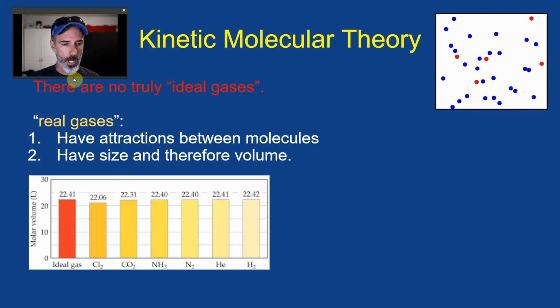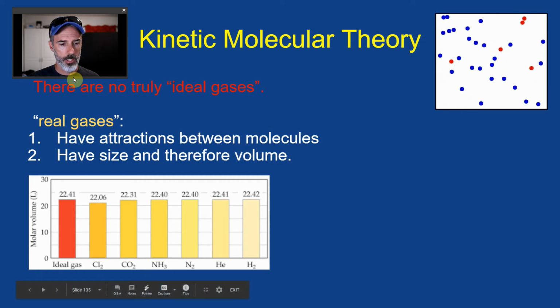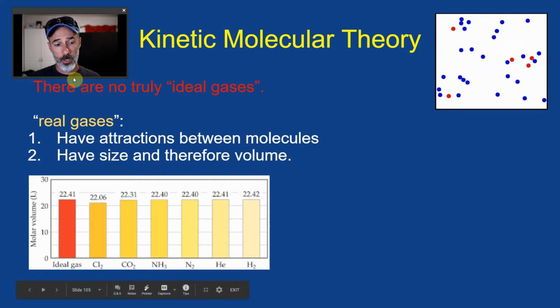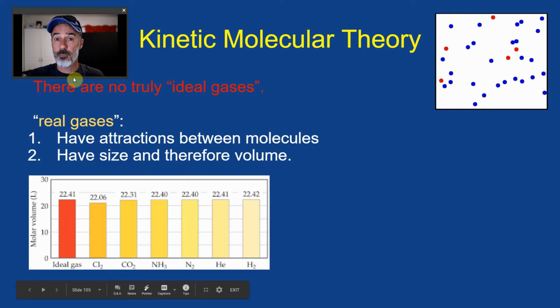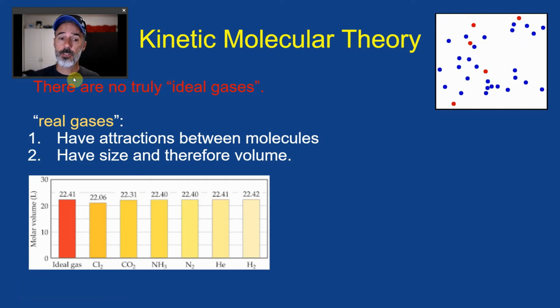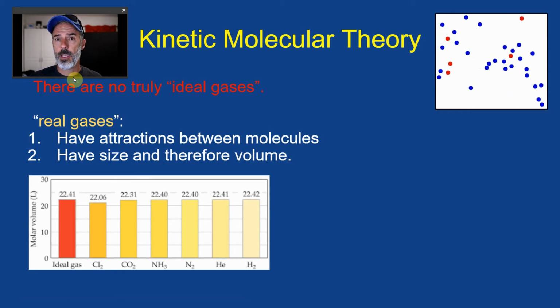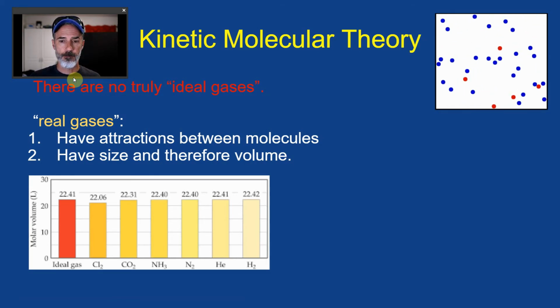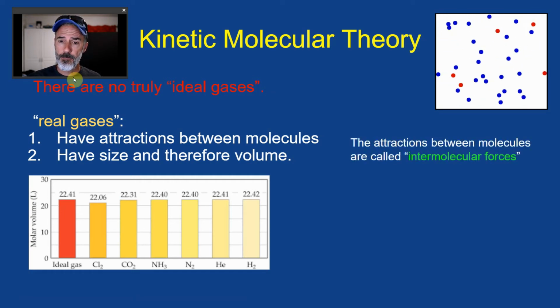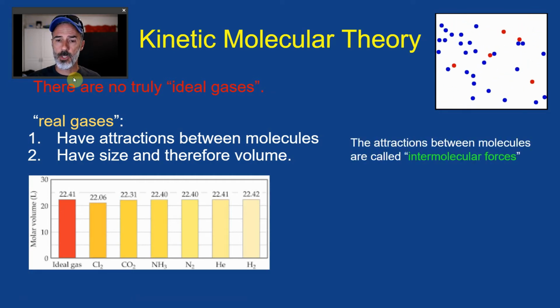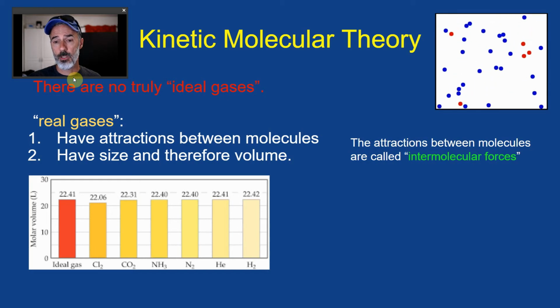You might wonder why some of these others, like CO2, are pretty far off. It has to do with these gases having pretty strong attractions to each other, and so they deviate greatly from ideal behavior. So deviating from ideal behavior happens a lot, mostly because of the attractions between molecules.